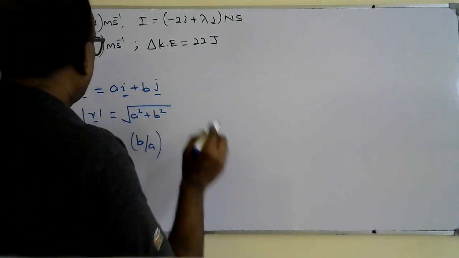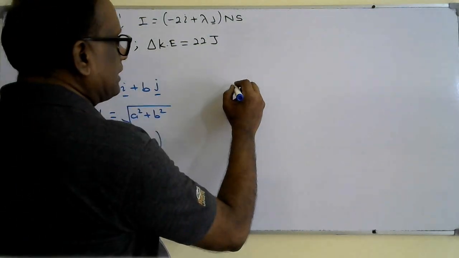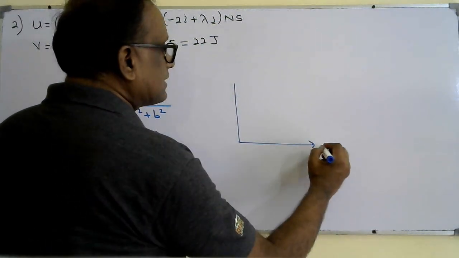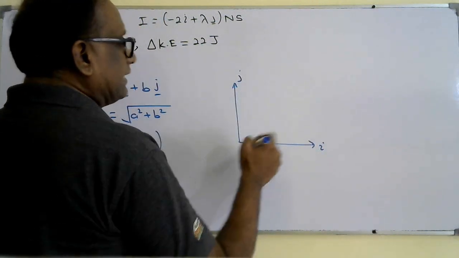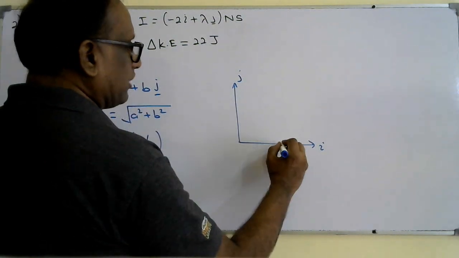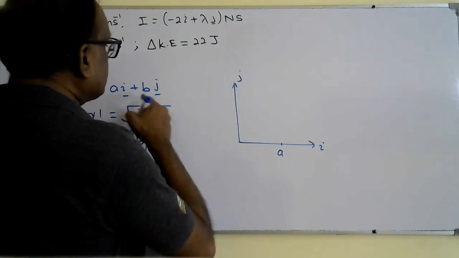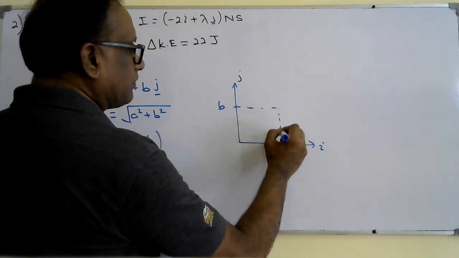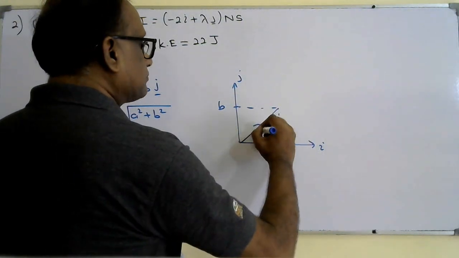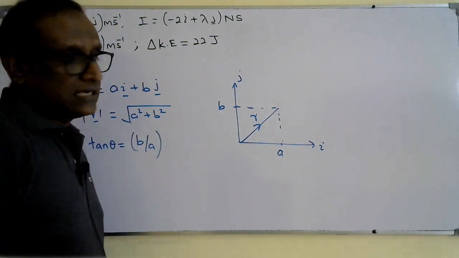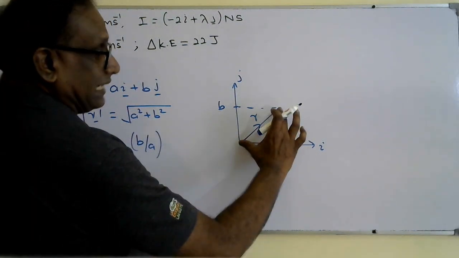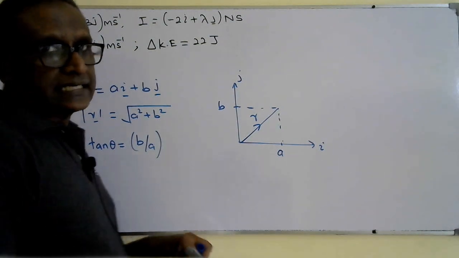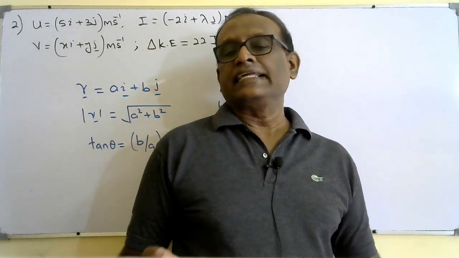So what is the meaning of the vector r equal to ai plus bj? If you think about the Cartesian coordinates, this is i, this is j. In the direction of positive i, it has a units, and in the direction of positive j, it has b units. So this is the actual vector r. A vector can be shown by a straight line with an arrow, and the length indicates the magnitude.